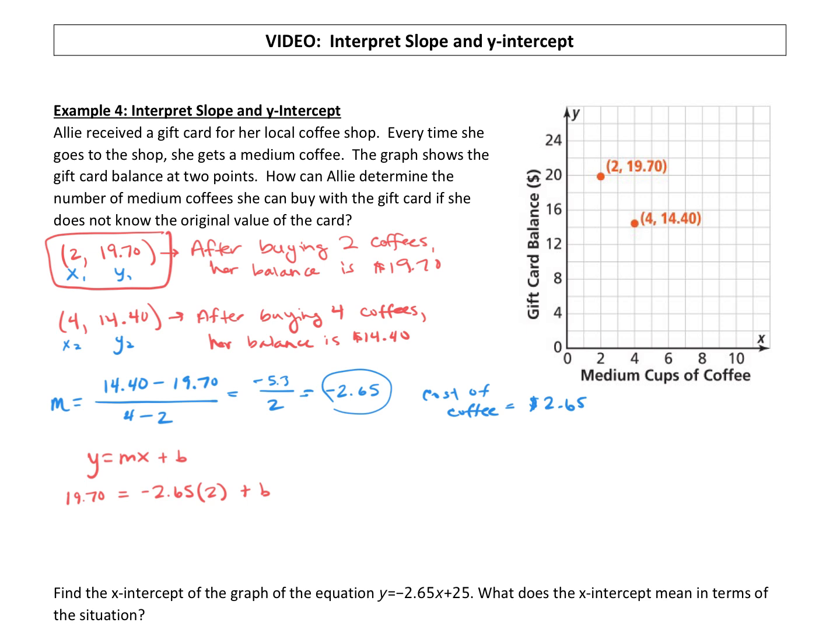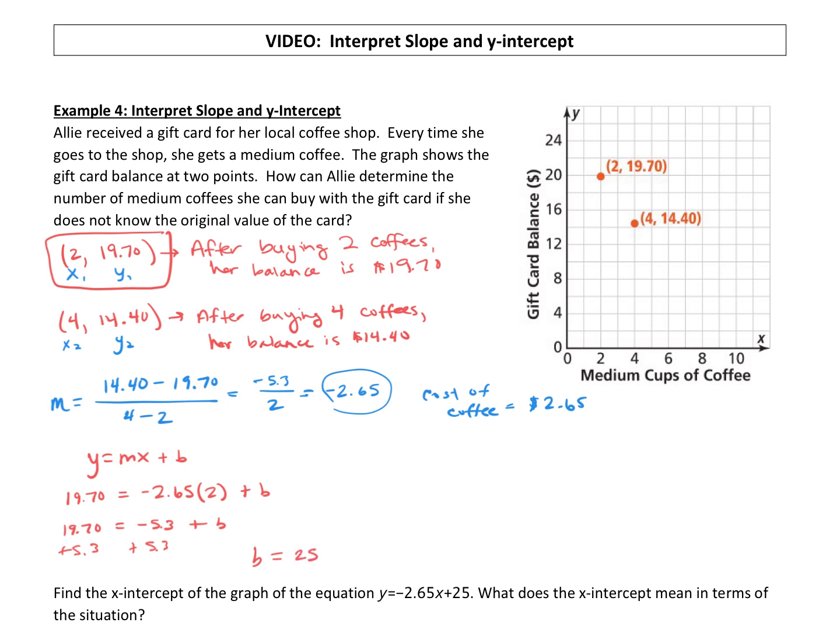Negative 2.65 times 2, we have 19.70 equals negative 5.3 plus b. To solve for b, let's add 5.3 to both sides. Our b value, which is our y-intercept, is 25.